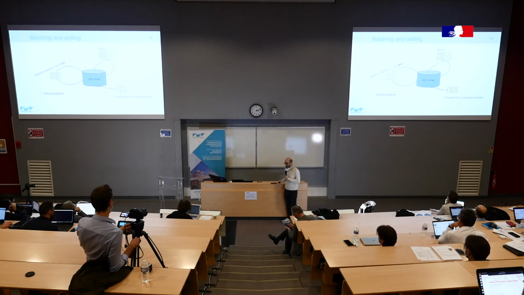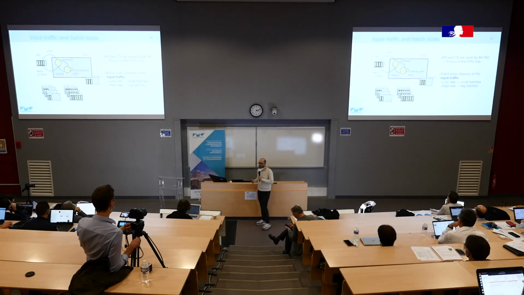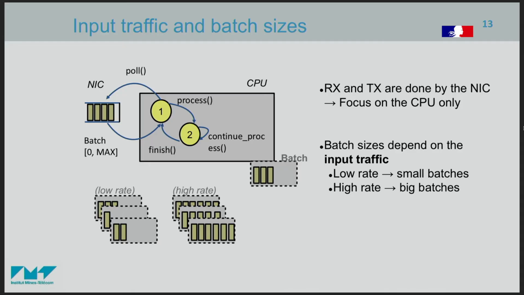Now, the batching and polling approach is even more interesting because we can use that to infer some indirect characteristics of the traffic. For example, behind the scenes, the CPU is basically in one of two states, in the polling state or in the processing state. And you can use this knowledge to have a rough idea of what is going on at a high level.